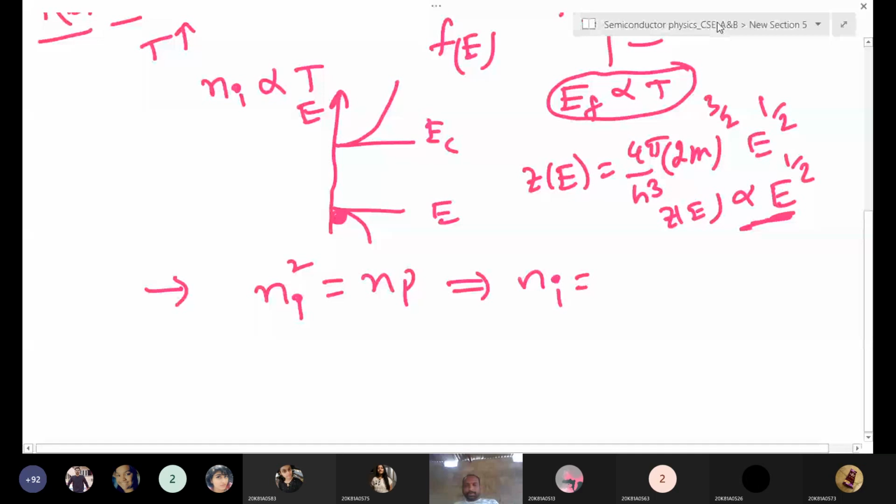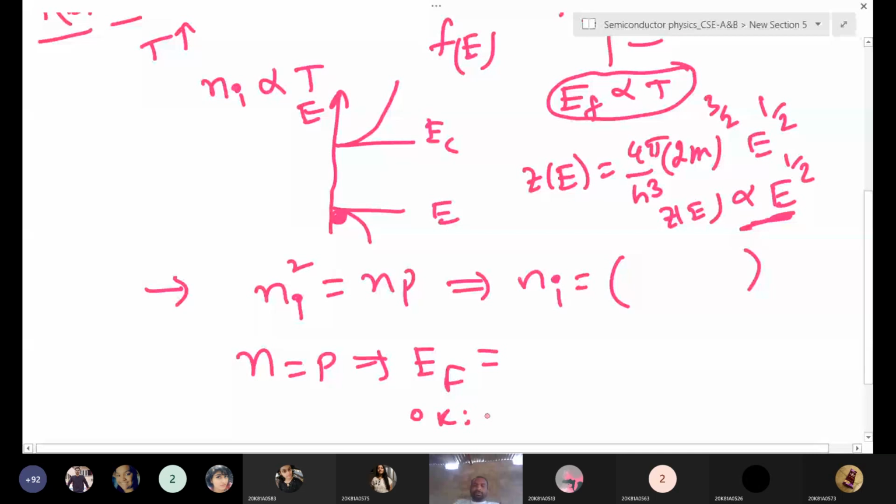After that, N is equal to P, and from there we have derived the expression for EF. At 0 Kelvin, we have also derived where EF is lying: it is exactly lying at EC plus EV by 2. This is what we discussed today.